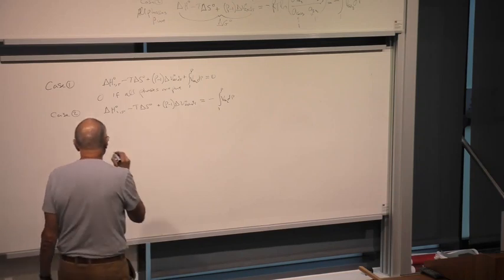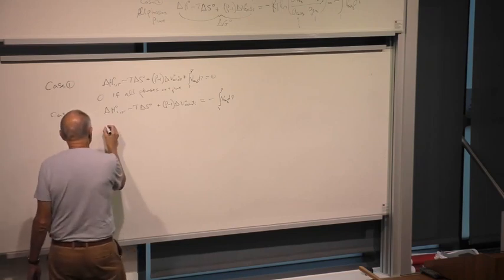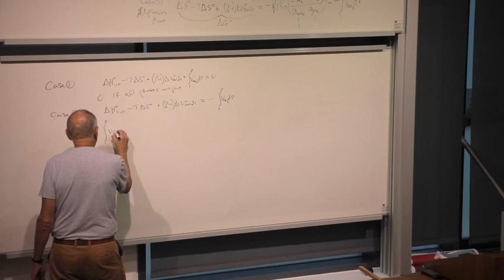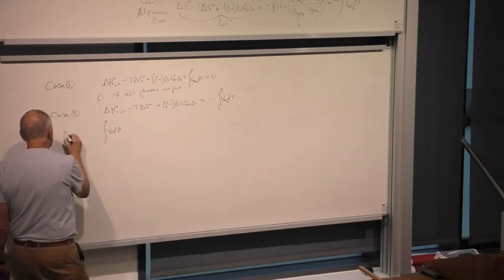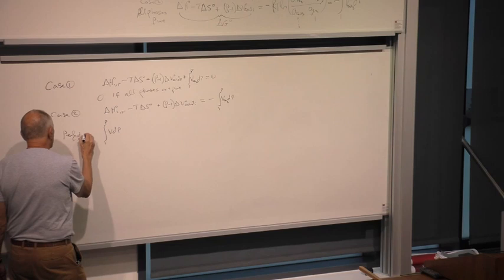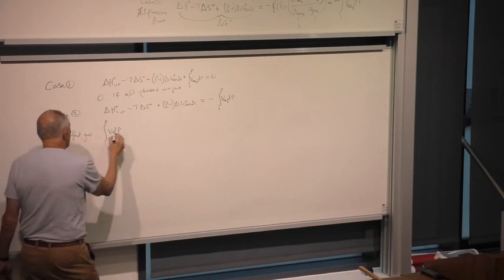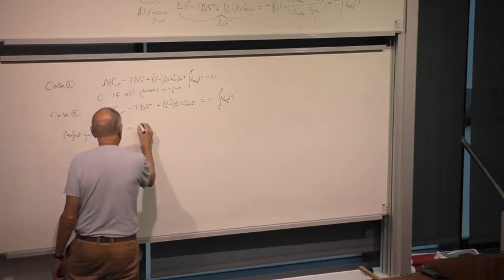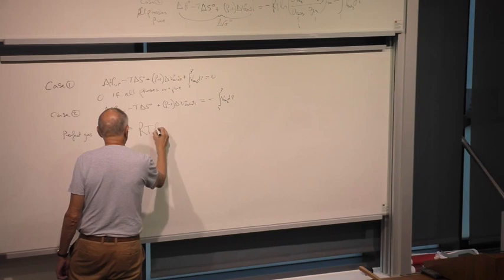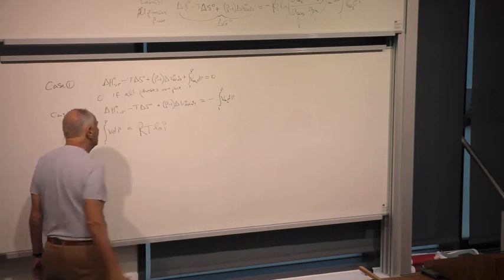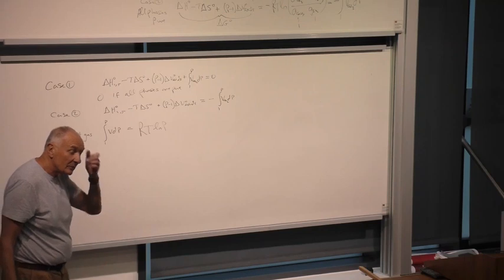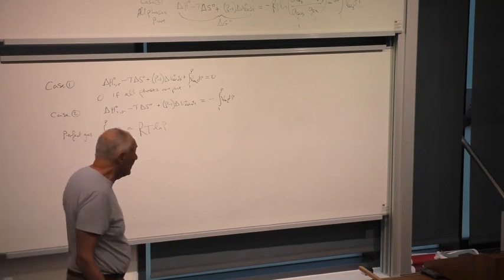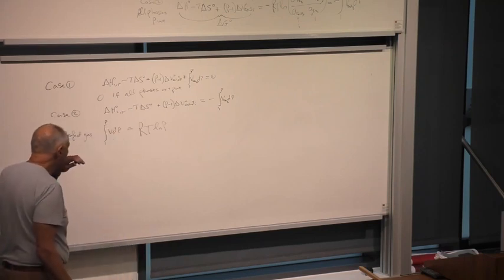Okay, so we showed that the integral from 1 to P of V dP for a perfect gas is equal to RT ln P. We substituted the perfect gas law, PV equals RT, and integrated to get that.